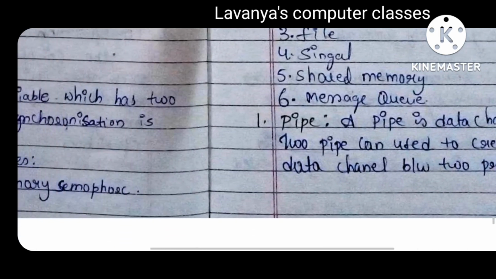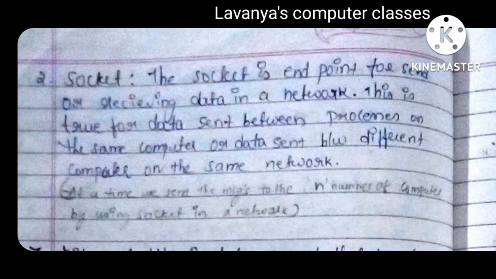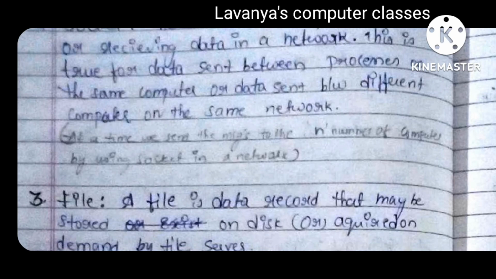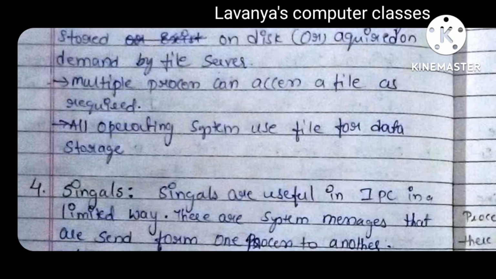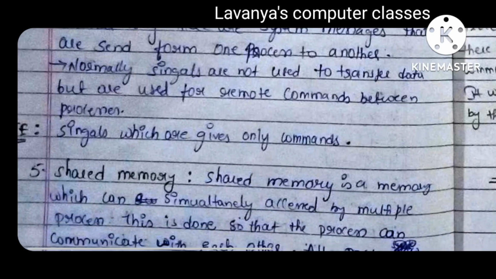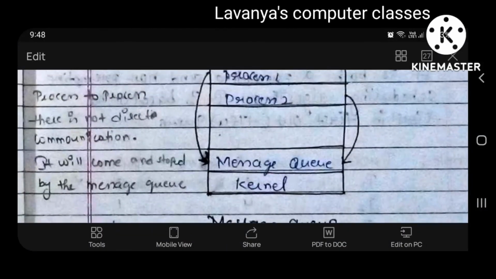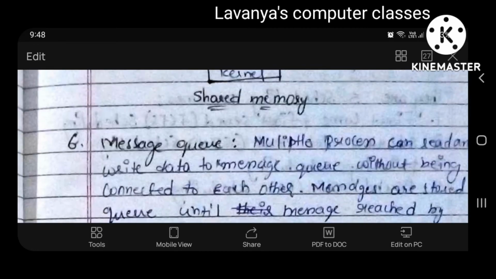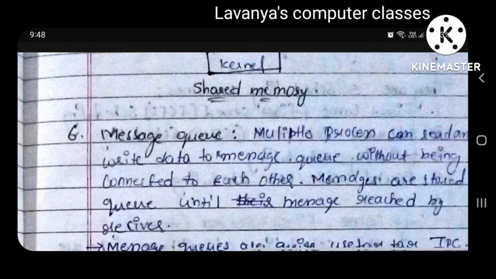Pipe, socket, file, signals, shared memory, diagrammatic representation of shared memory, message queues.